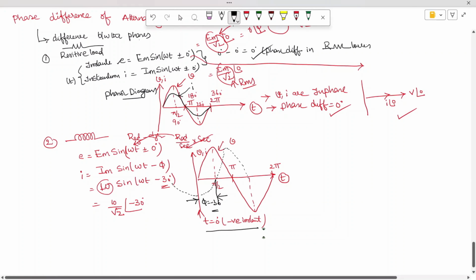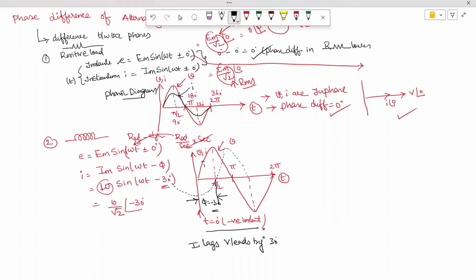When you look at this waveform, current lags voltage, or voltage leads, by how much? 30 degrees. Very important. The voltage is already there, and what starts later is the current. Therefore, current is lagging with an angle of minus 30. Current lags the voltage by 30 degrees.